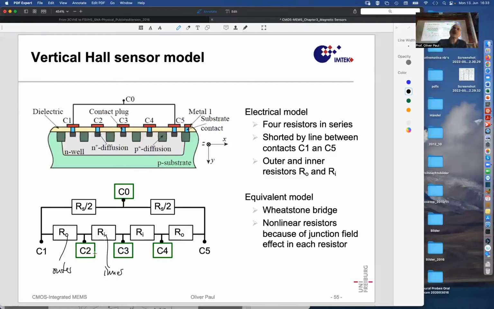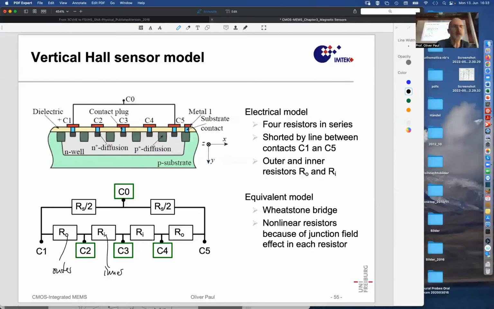They might be slightly different, because if we send in a current from 2 to 3 to measure the resistance, it can develop in a certain way. But here, because of the boundary of the N well, probably the resistance is going to be different. Not exactly equal, because the current flow might feel this lateral end of the structure. That's why I defined these two different kinds of resistances.